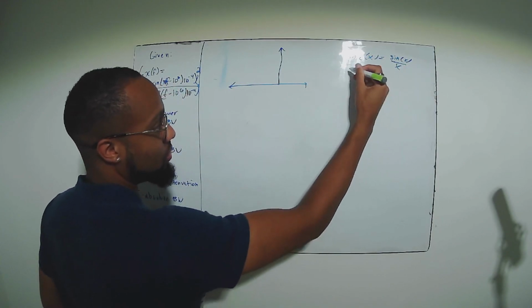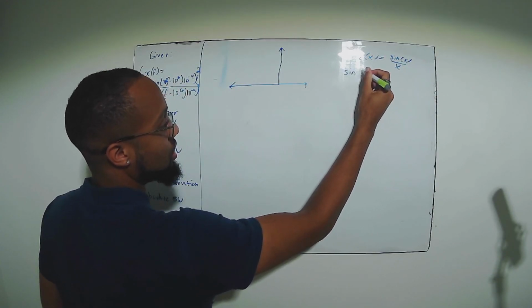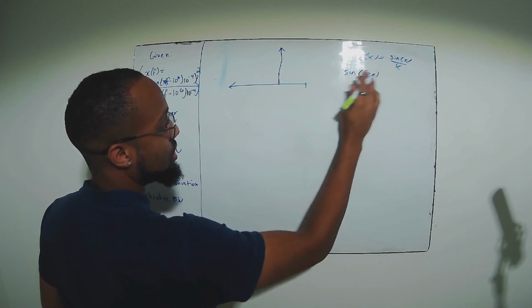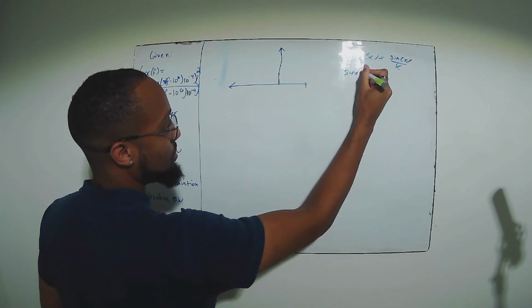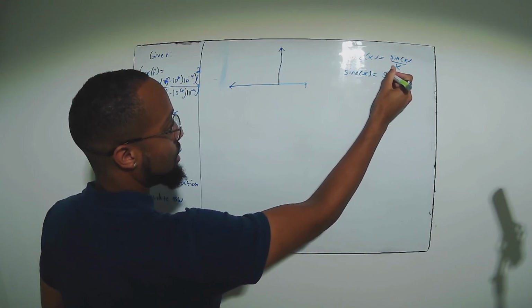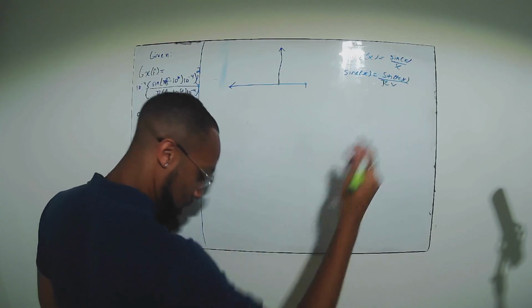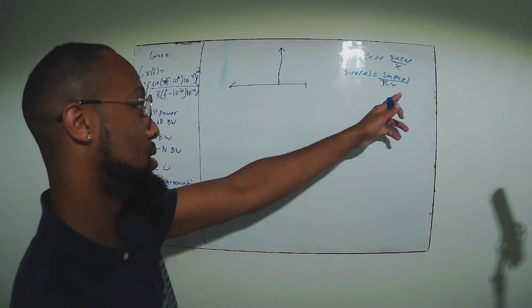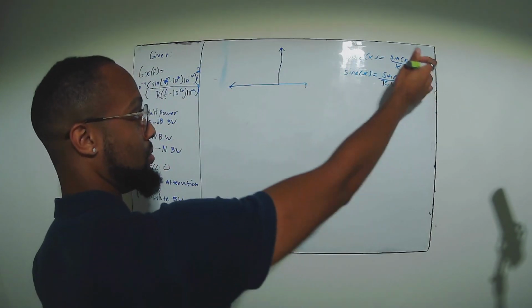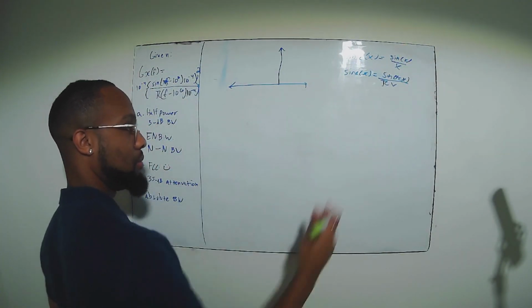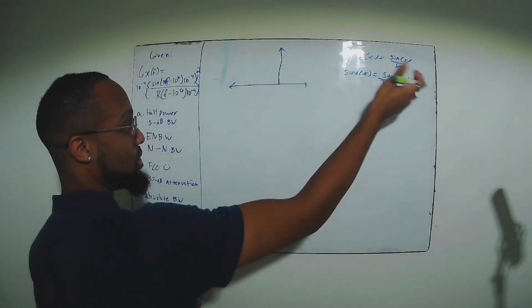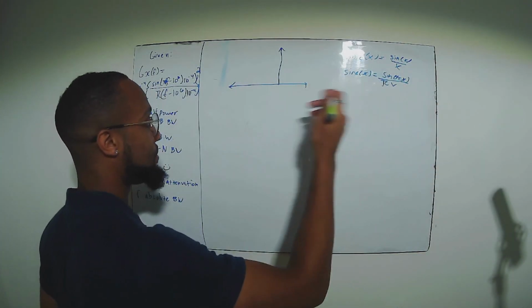Or sometimes we normalize it. Sometimes sinc of x really will be sine of pi x over pi x. This is sometimes used by signal processing people, and people that like to do math. But you can use either one. One's normalized, one's not, by pi.